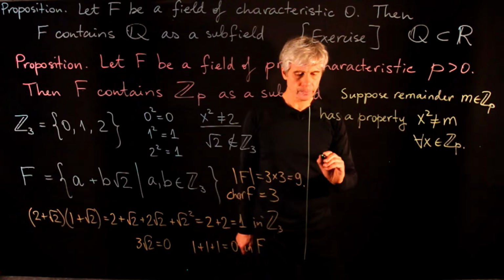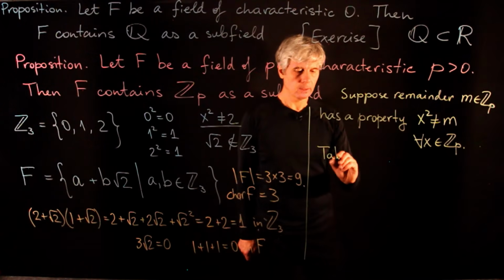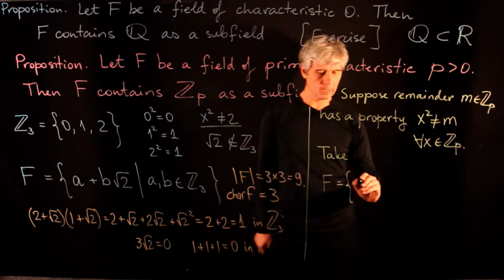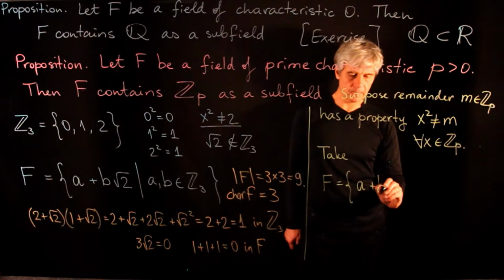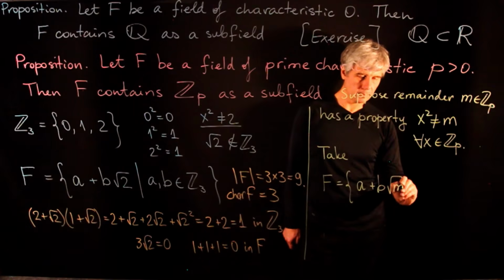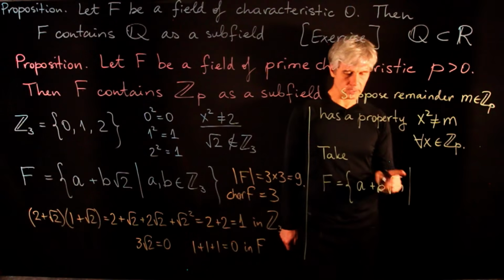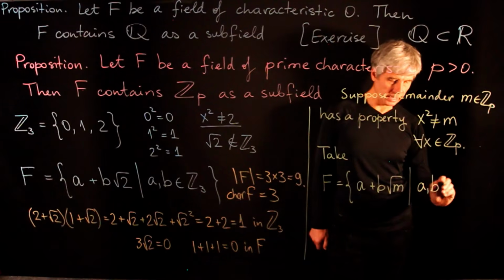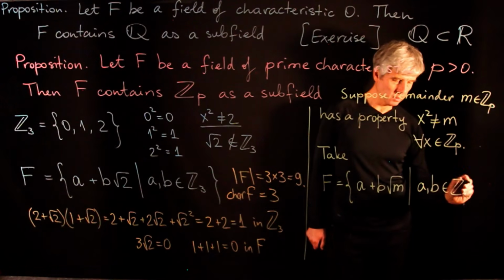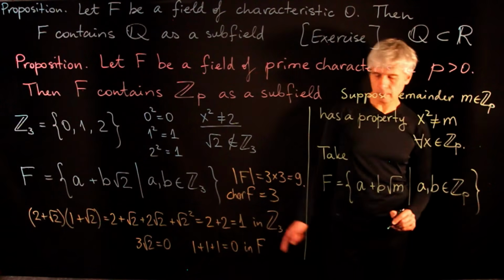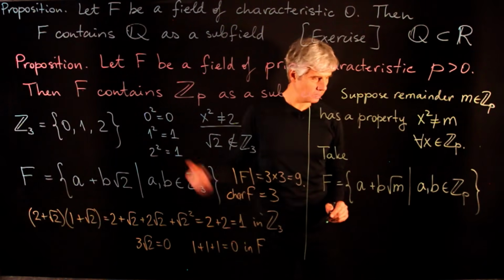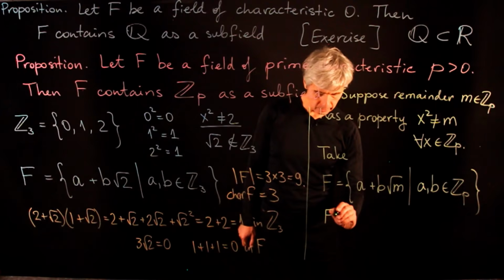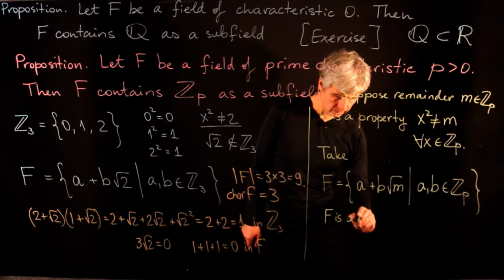Then we can take F to be the following set. We can take A plus B square root of m, where this is treated as a formal symbol, where A and B are elements of ZP. And in the same way as we did here, one can show that F is a field.